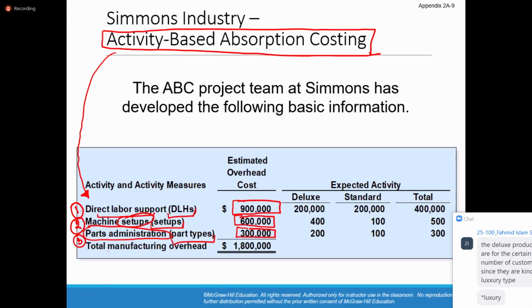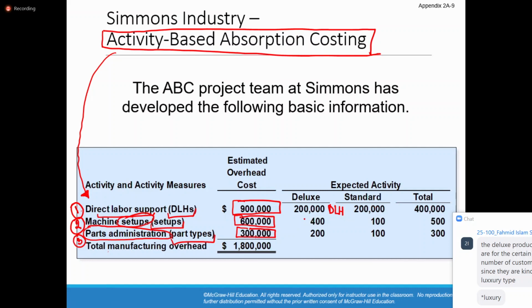You try to understand here, for deluxe products which will be produced, we need 200,000 direct labor hours. Based on direct labor hour, this support will be provided, and same for standard, and this is for total.